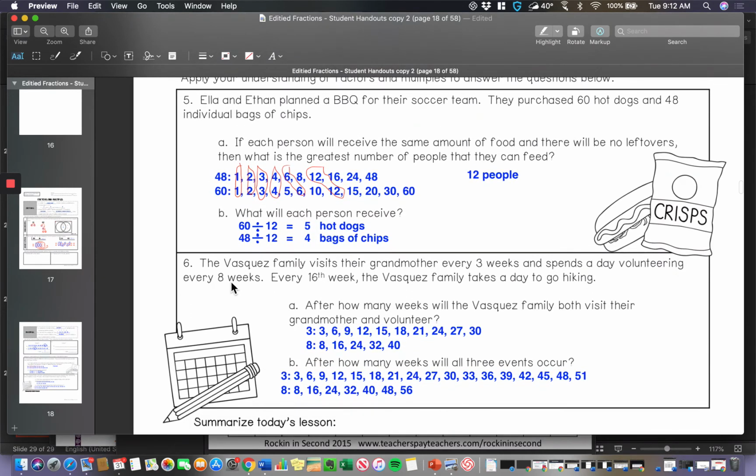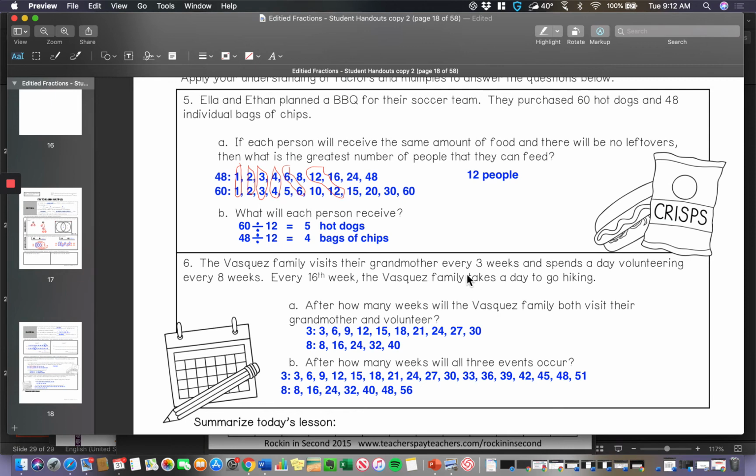On the bottom, it says the Vasquez family visits their grandmother every 3 weeks and spends a day volunteering every 8 weeks. Every 16th week, the Vasquez family takes a day to go hiking. So A says, after how many weeks will the Vasquez family both visit their grandmother and volunteer?